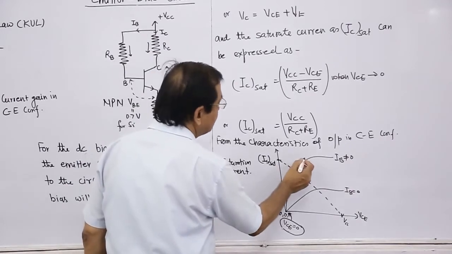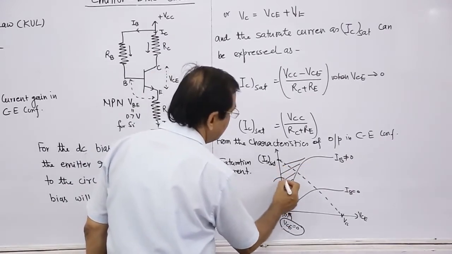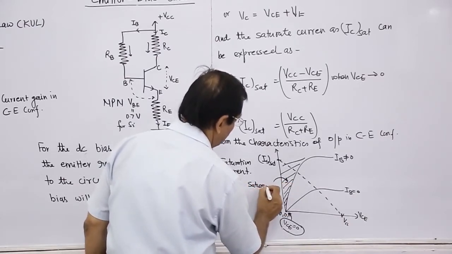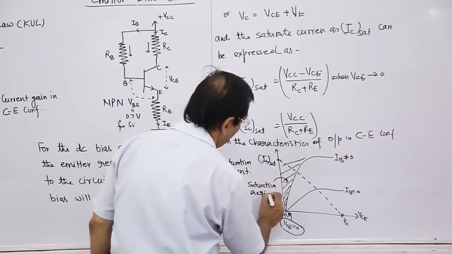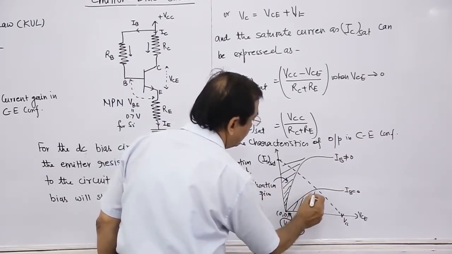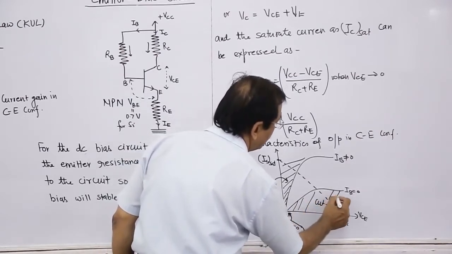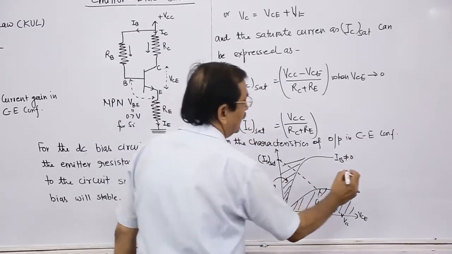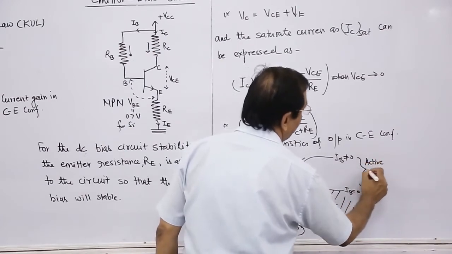So, this is the saturation region. And this part is cutoff region, and this particular part is active region.